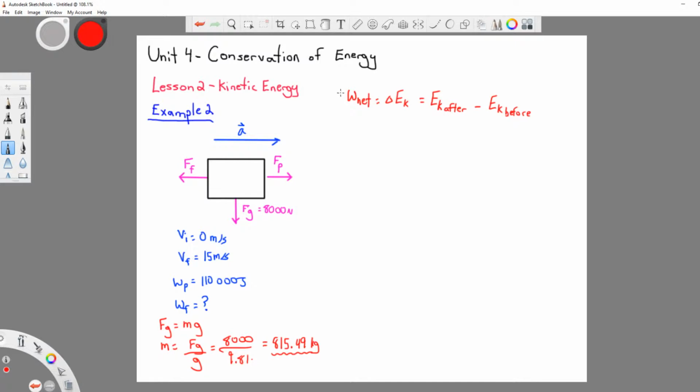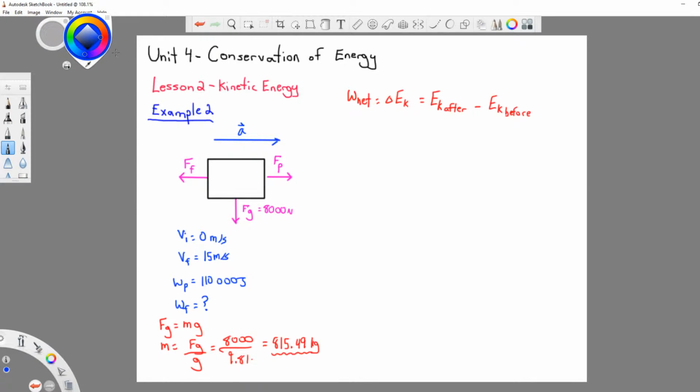So here I have us solving for the net work on this system, but the question is not asking for the net work. The question is asking for the work done by friction. Really, that's the total energy that's going to be changing due to friction.